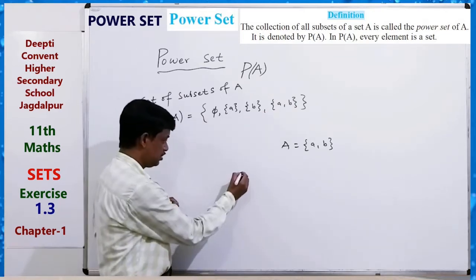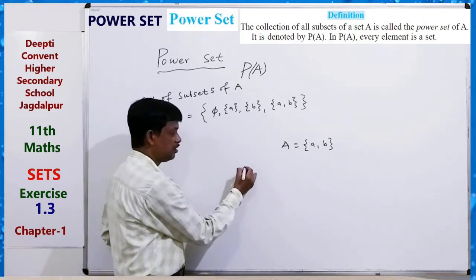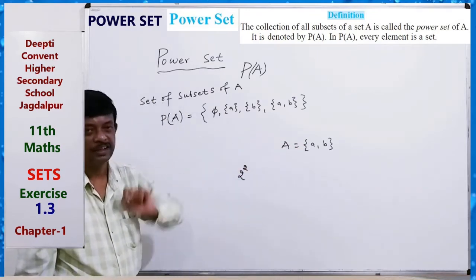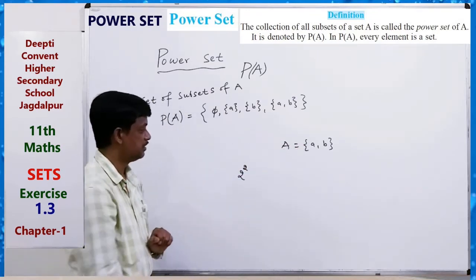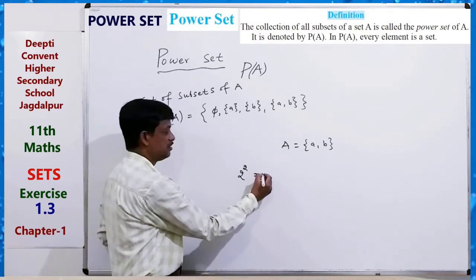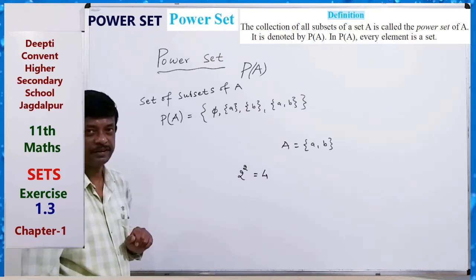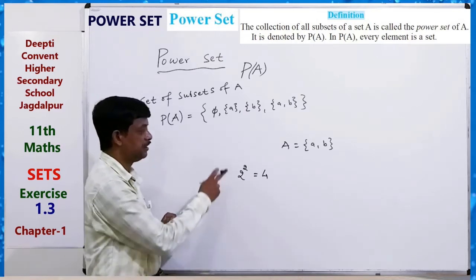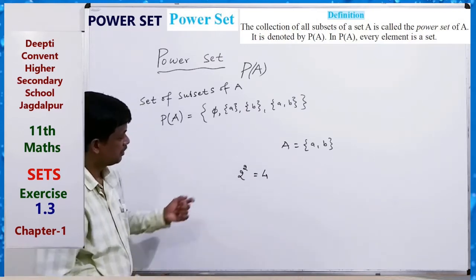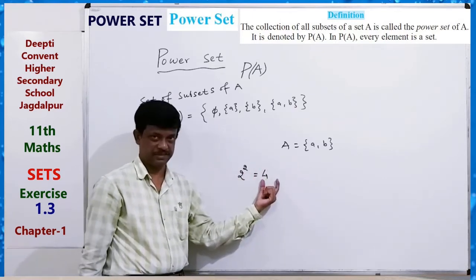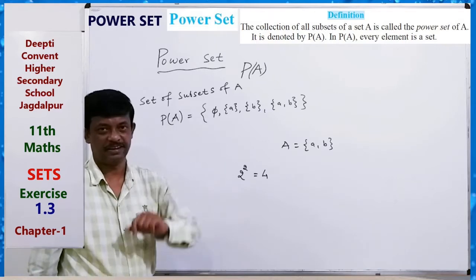That is 2 power 2, where the number of elements in the set equals 2, giving 4. That is the number of subsets in a set.